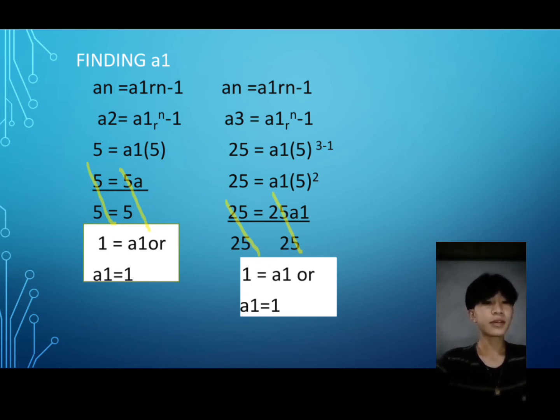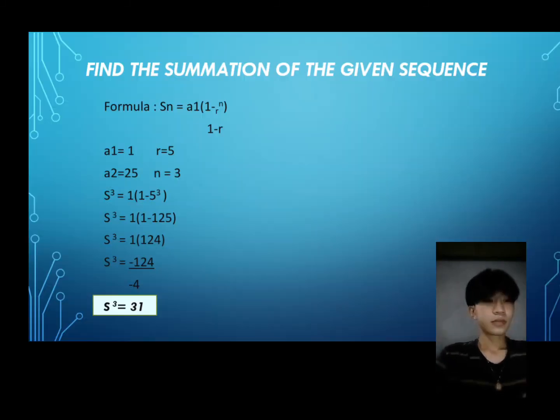So 25 equals a sub 1 times 5 raised to 2. So 25 equals 25 a sub 1. We divide both sides by 25 to cancel out the same value. So 25 a sub 1 over 25, with the answer of 1, equals a sub 1, or a sub 1 equals 1. After we got the value of a sub 1, let's find the summation of the given sequence.